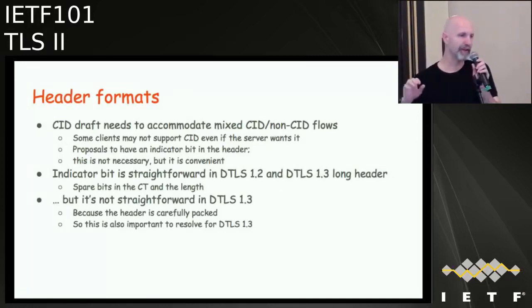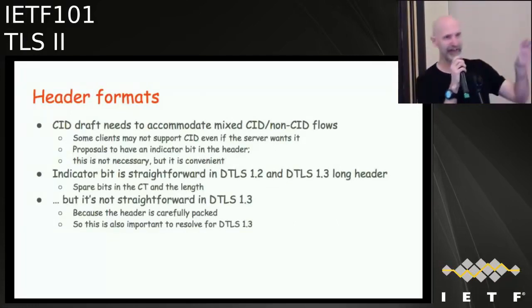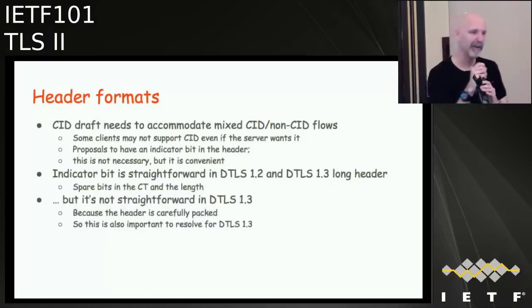In the 1.2 and the 1.3 long header, there's a lot of wasted space. You're allowed to have a length of up to 64 kilobits. In principle there aren't bits for it, but 2 of those bits have to be 0. And there's a full byte for content type, but we only have about 20 content types. So there's a lot of space there.